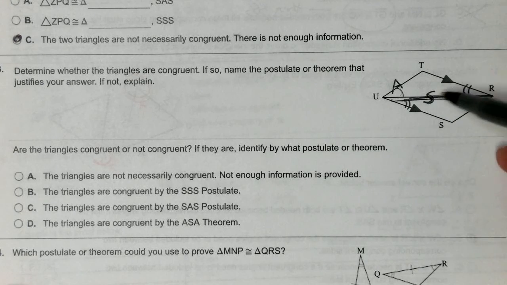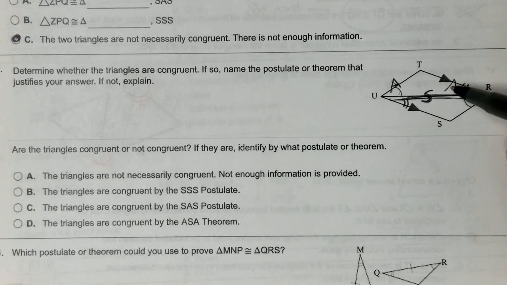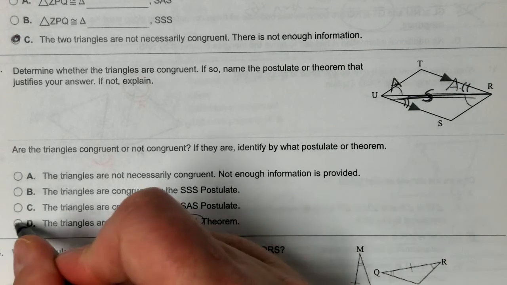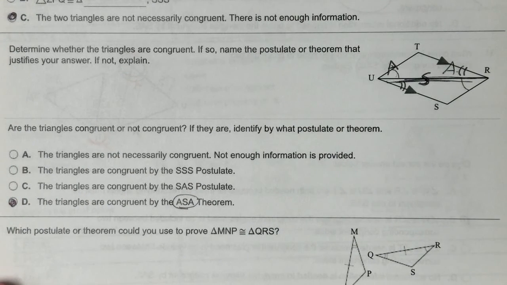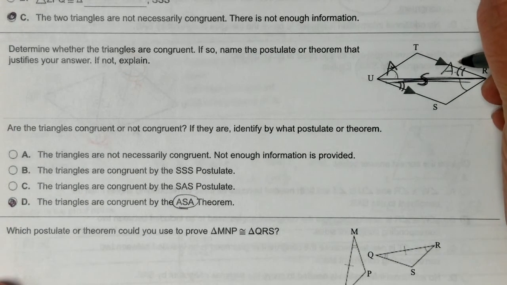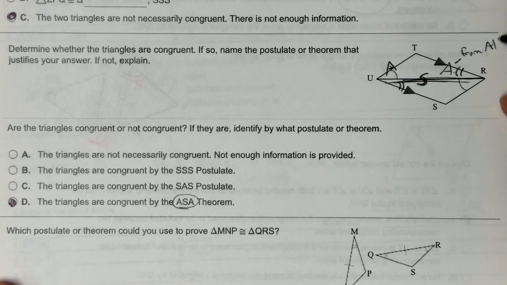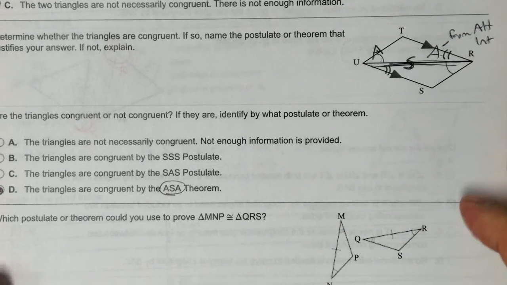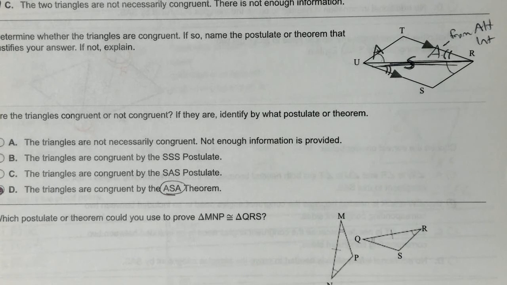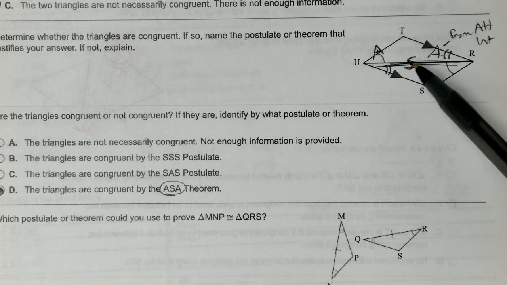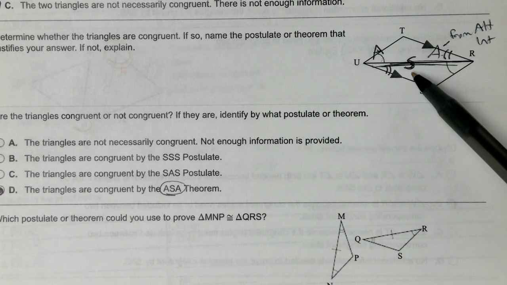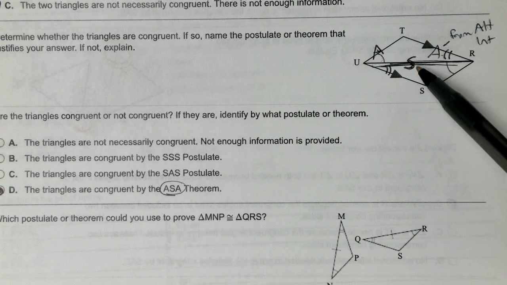And so in this case it'd be ASA. So that's D. So again, this last part is from alternate interior. So that's ASA. So remember, it never marks the reflexive side. You just kind of need to know that. It also never marks the vertical angles. You just need to recognize vertical angles.